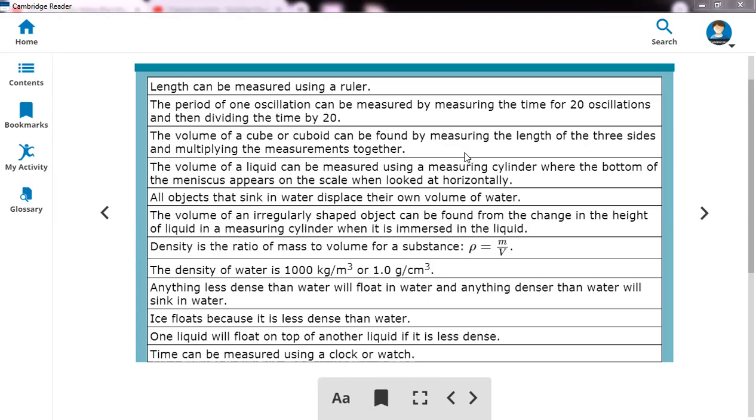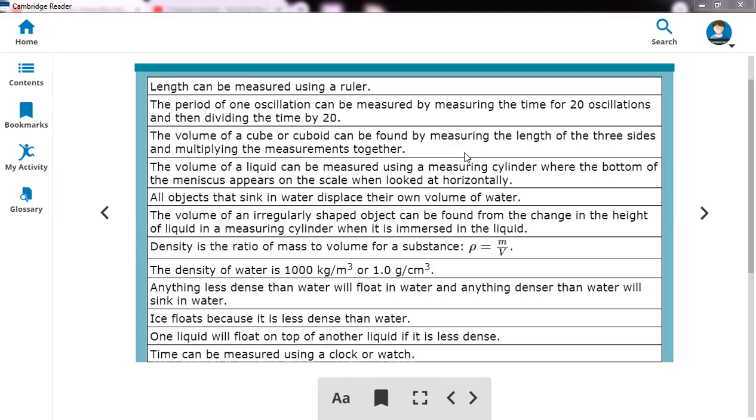The level of the liquid increases and we note that reading, which we say is the final value of the liquid inside the measuring cylinder. Then we find the difference: from the final value, we subtract the initial value. That difference is the volume of the irregular object. This is how we find the volume.